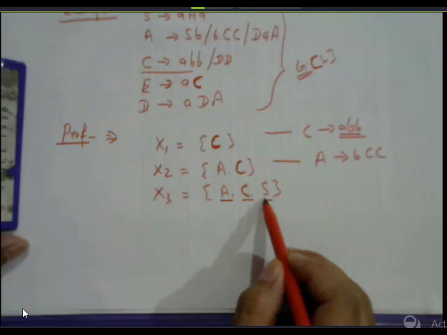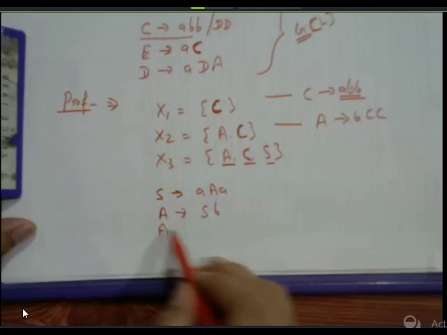S tends to A, capital A, small a, and A tends to SB is valid, and BCC is valid, because C is in the variables.